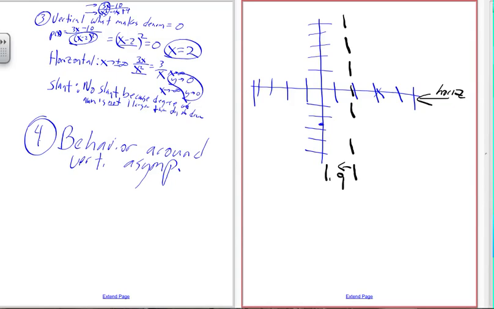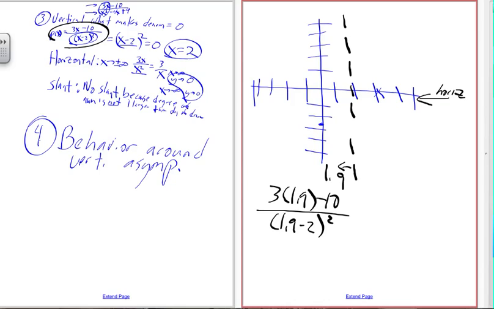Now, you don't actually have to know what the value is. You just have to know how it behaves. So I'm going to plug it back in up here: 3 times 1.9 minus 10 over 1.9 minus 2 squared. The top is going to be somewhere around 5 or 6, but it's going to be less than 10, which means it's negative.